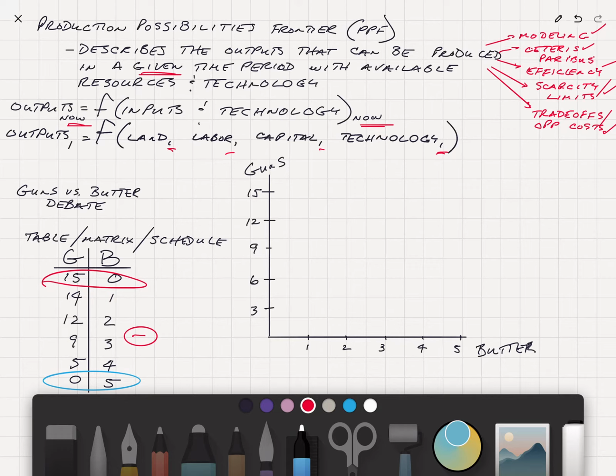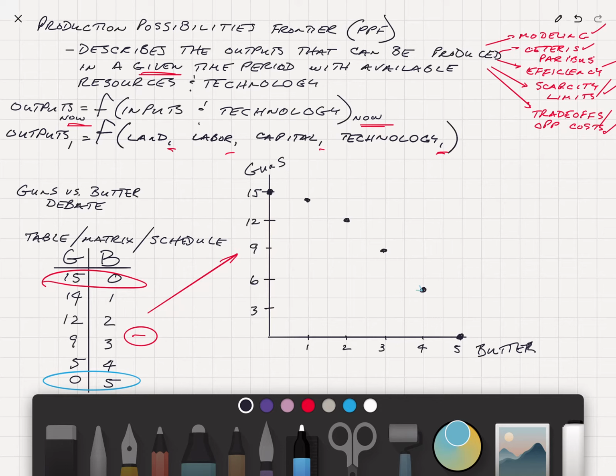But let's take this information here and let's plot the points. We had our first point there, 15 and 0. We had our bottom point here, 0 and 5. For completeness, we can come up here and go 14, 1, 12, 2, 9, 3, and then 5 and 4.